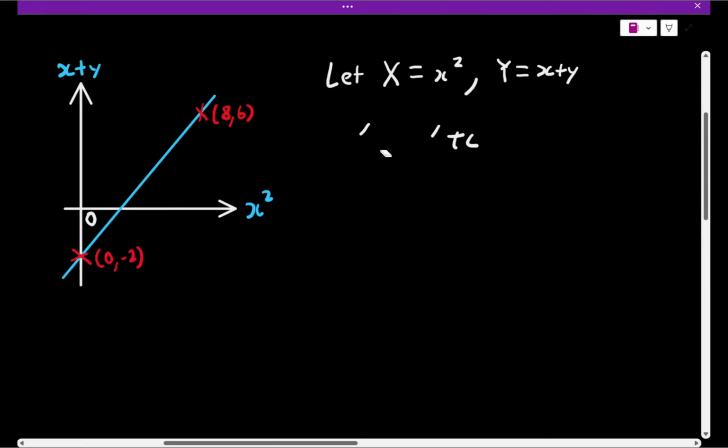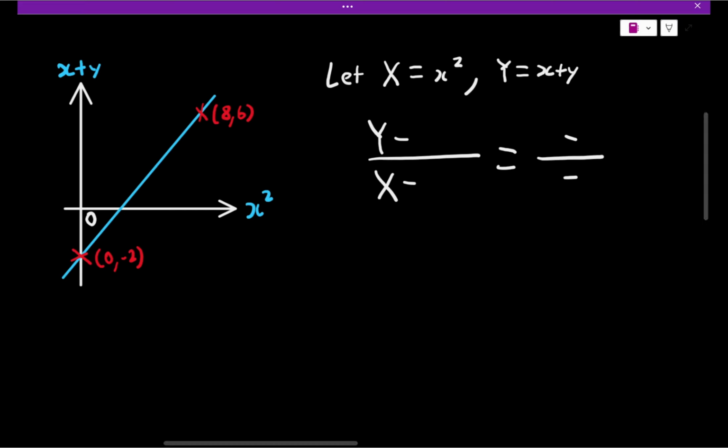Alternatively, you can do it by comparing two gradients: capital Y minus some coordinate over capital X minus some coordinate equals the gradient between the two points. Because in a linear graph, the gradient for the entire line is always going to be the same, so those two gradients should be the same. I'm going to be using this method here.